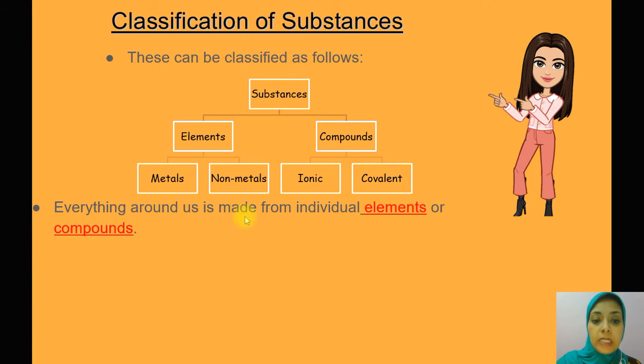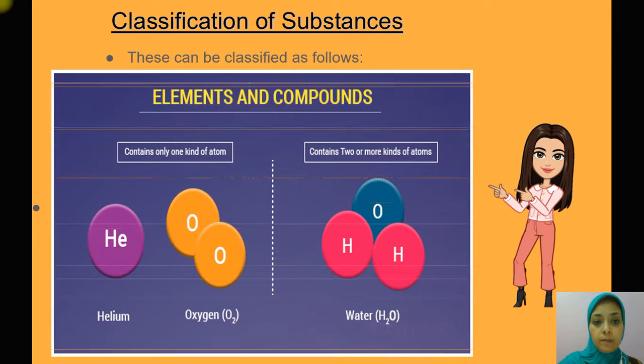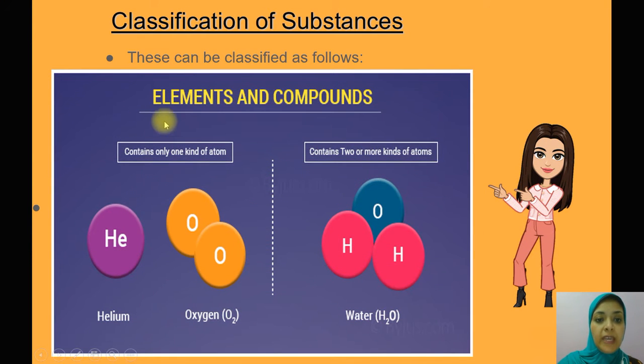Everything around us is made from individual elements or compounds. So, the elements contain only one kind of atoms. If we have helium, the helium has two electrons in the outer and only first energy level for the atom of helium, and there is a symbol of the element.